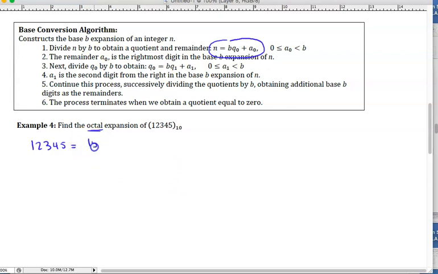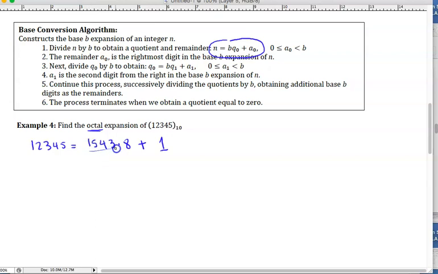So it's going to be 1543 times 8, and then the remainder: 12345 minus 1543 times 8 gives me a remainder of 1. All right, and we repeat this until this turns into 0.